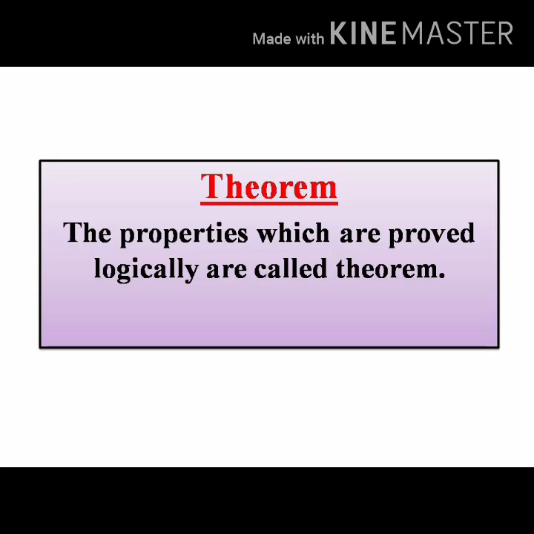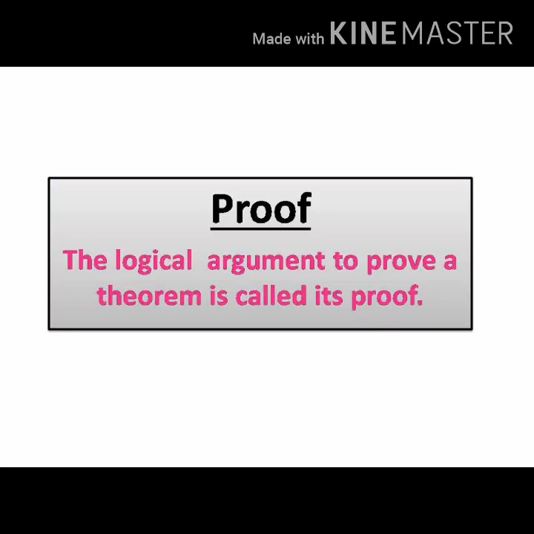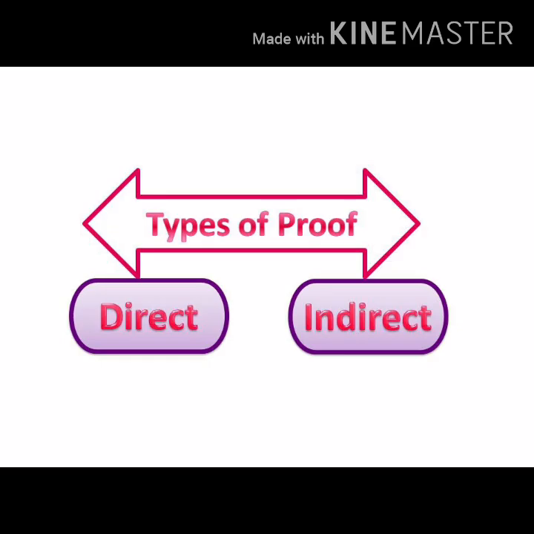On the basis of the postulates, some more properties can be proved logically, and are called theorems. The logical argument to prove a theorem is called its proof. There are two types of proof, direct proof and indirect proof.